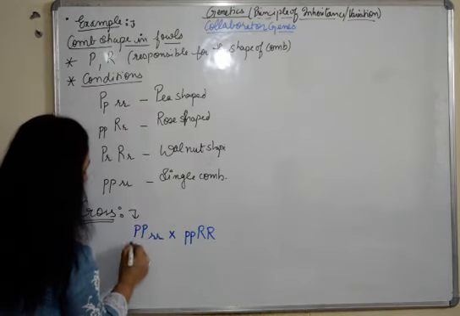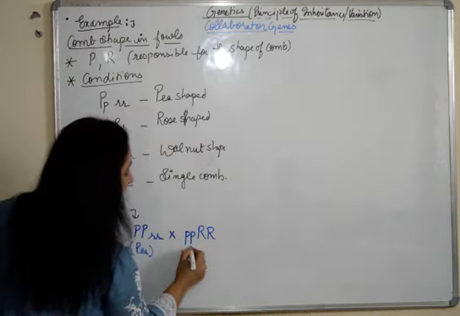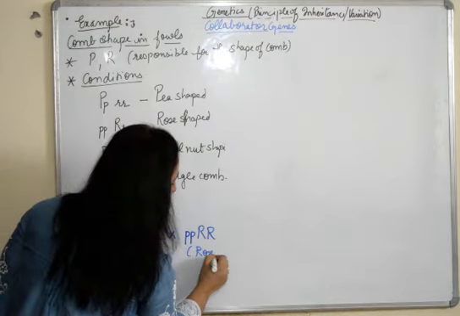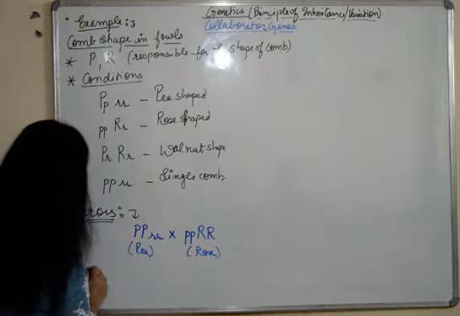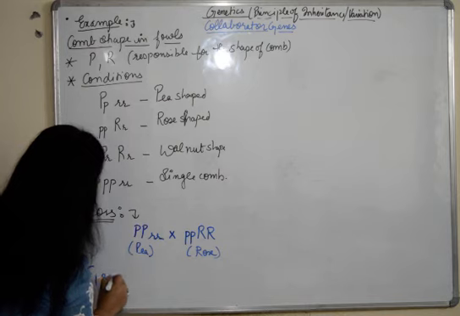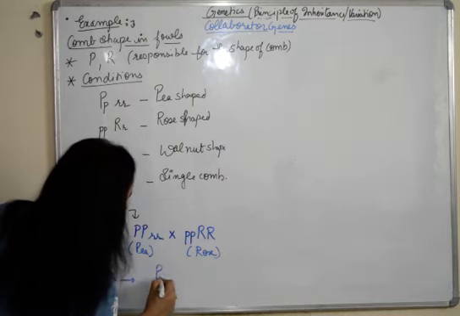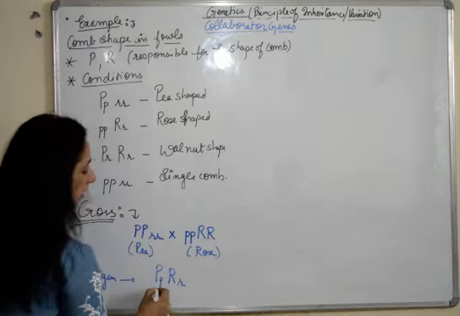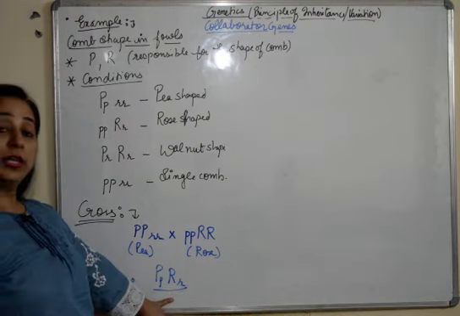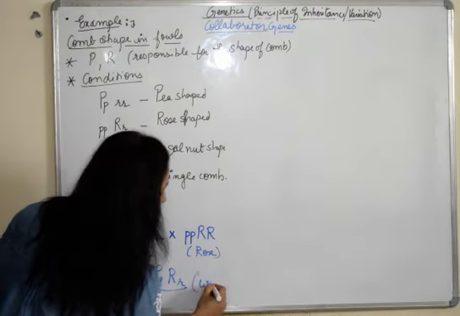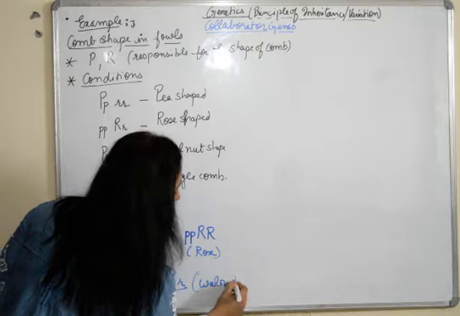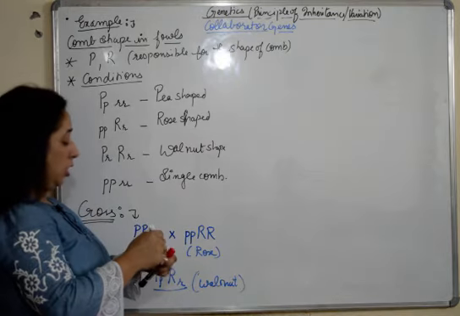Here it will be a P comb and here there will be a rose comb because capital R is present. F1, very simple, the result would be as usual. P and R both are caps, so it is a walnut shape of the comb.